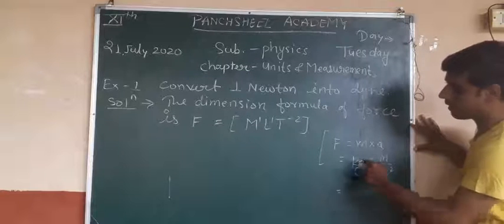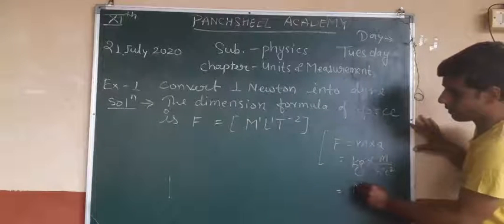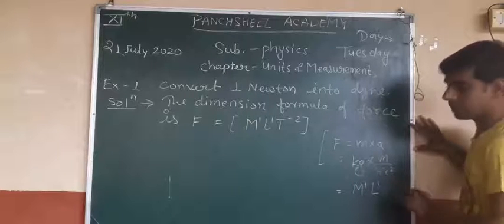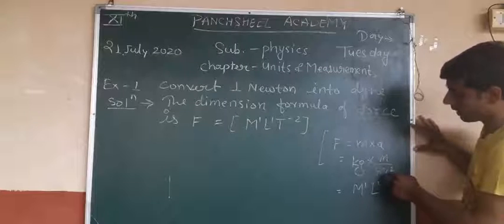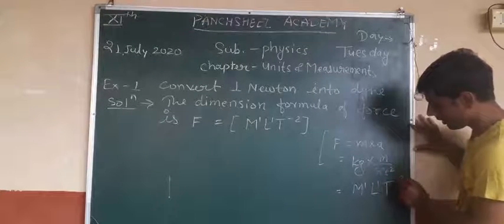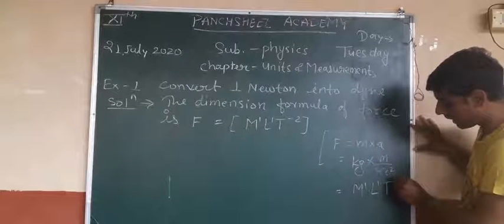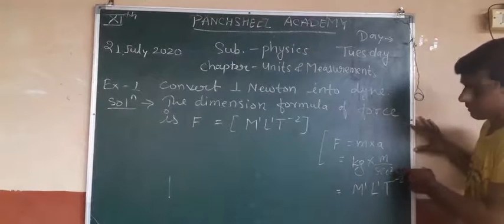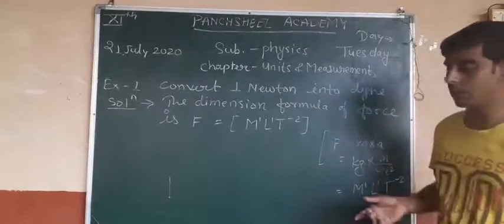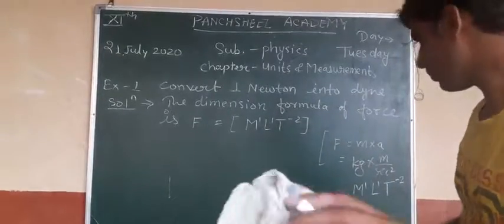So if I write the dimension formula, force is M, meter is written as L, and second square, so time is T square, but the power is minus 2. Why minus 2? Because second square is in the denominator. So this is the dimension formula of force.